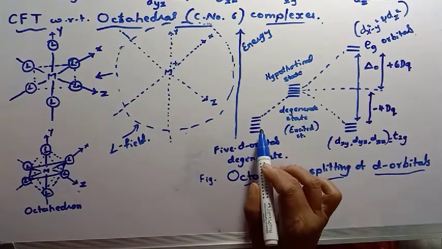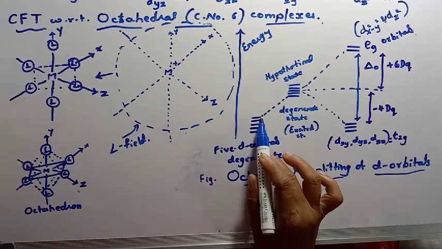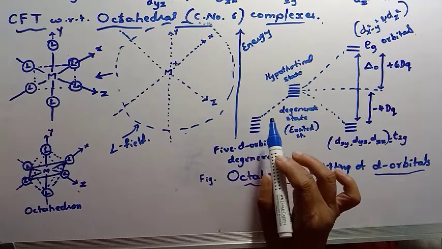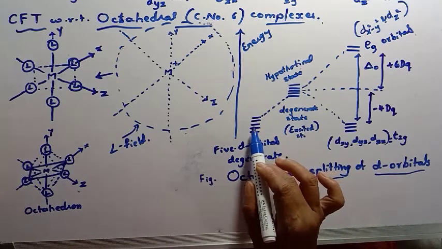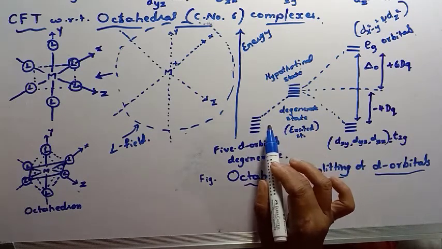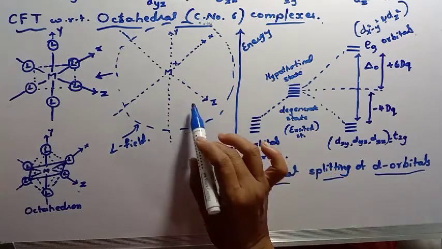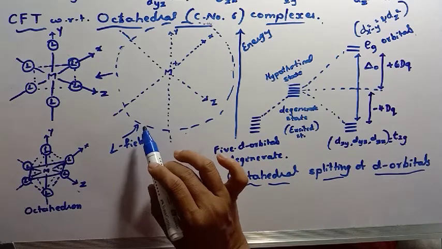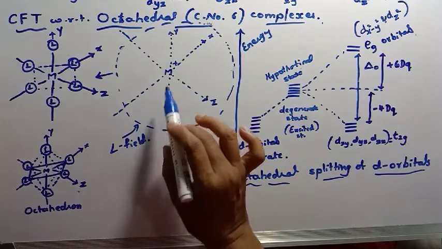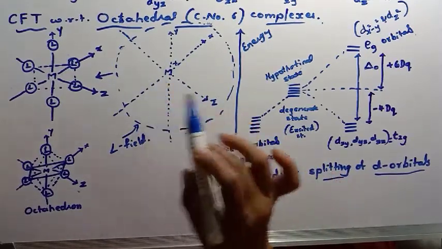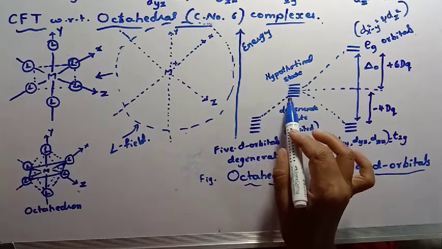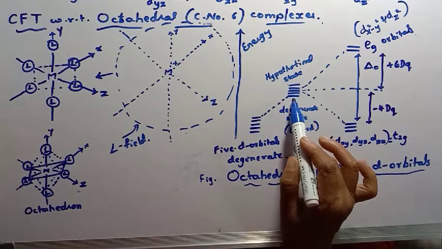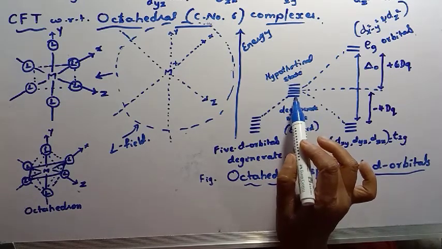Hence the force of interaction experienced by all the 5 d orbitals is the same, and the energy of each orbital is raised by the same amount. So they still remain degenerate, and this is only a hypothetical state.